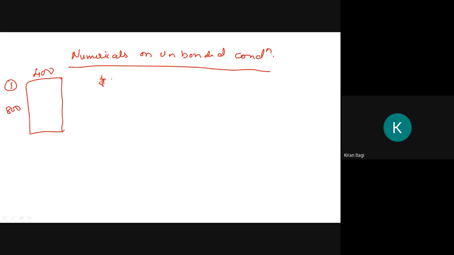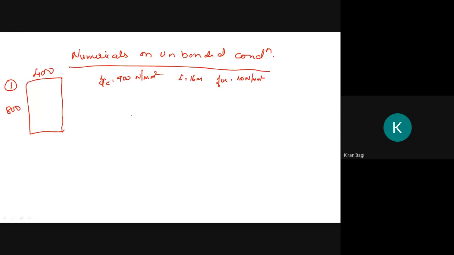How much has he given? 900 Newton per mm square. The effective span of the beam is 16 meters. If FCK is 40 Newton per mm square, estimate the ultimate moment resistance of the section using IS code provision.